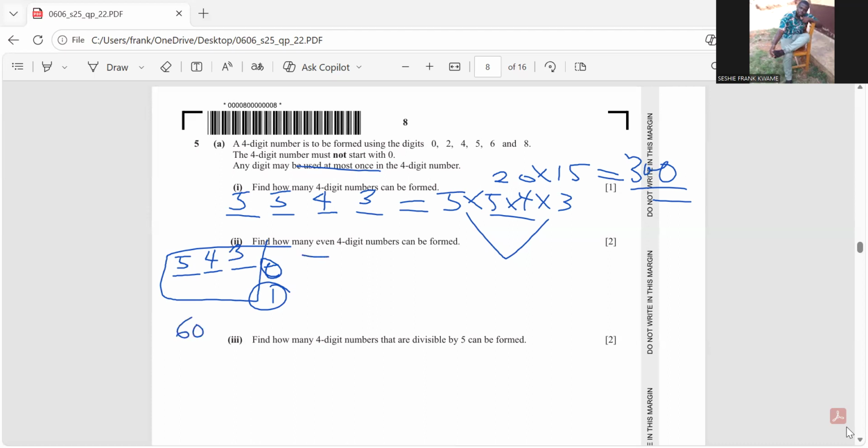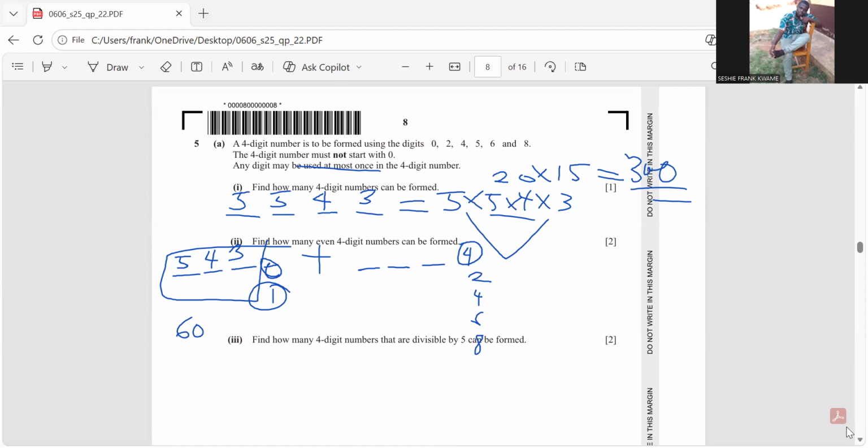That's the first option. Now for it to also be even, the last number can either be 2, 4, 6, or 8. And that's 4 options there that we can choose from. Now the first number cannot be 0. If it can't be 0, it means that we cannot choose 0, and we have one of these 2, 4, 6, 8 gone.